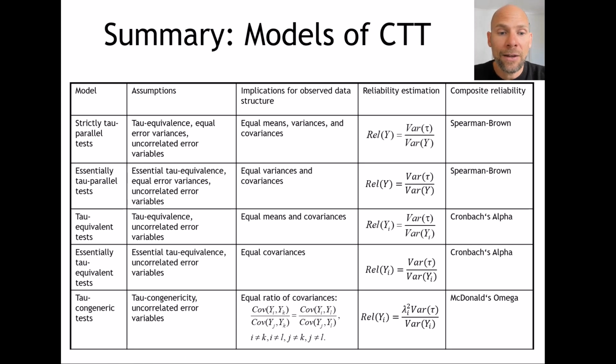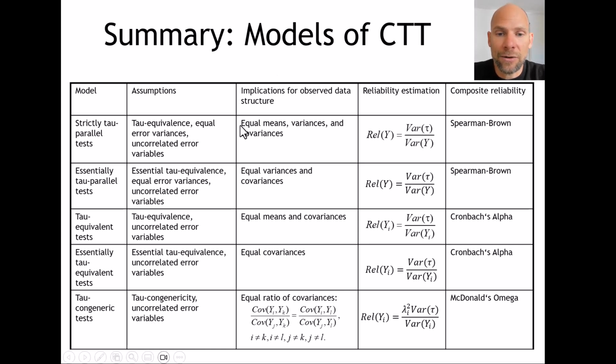You can see that the models make increasingly less restricted assumptions, beginning with strict tau equivalence, equal error variances, and uncorrelated error variables, and then loosening this assumption of tau equivalence to essential tau equivalence, then loosening the assumption of equal error variances, getting rid of that, and then finally also getting rid of the assumption of strict tau equivalence or essential tau equivalence and making that into congenericity, where the true score variables are merely positive linear functions of one another.